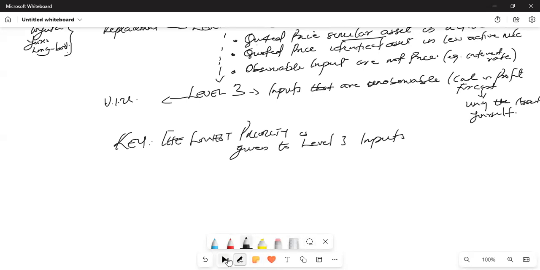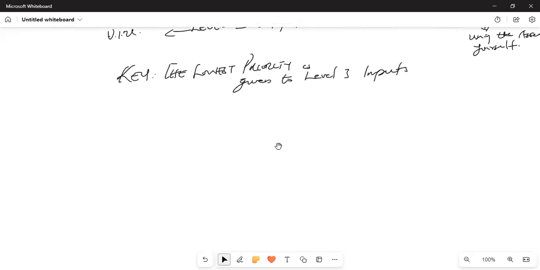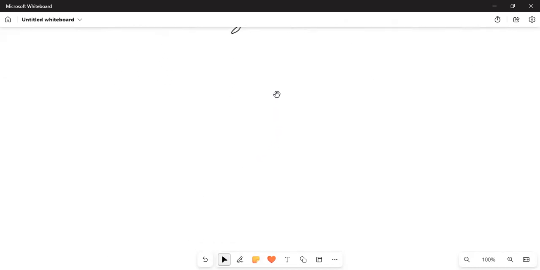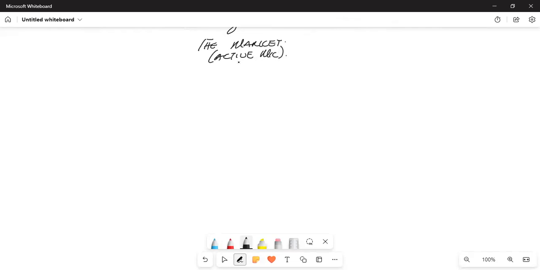Now, that is that. Okay, so the last thing I'm going to talk about under IFRS 13, which has been interesting, before we look at some figures, is the market. We were talking about the market, and I gave you some illustrations. Now, the market, we say we use active market, and we've explained what an active market is. There are 2 forms here that we want to look at.